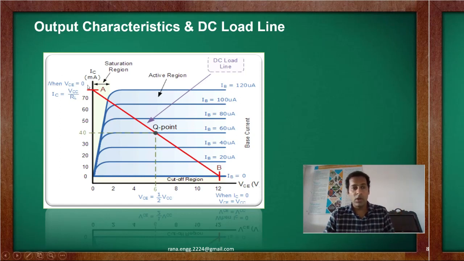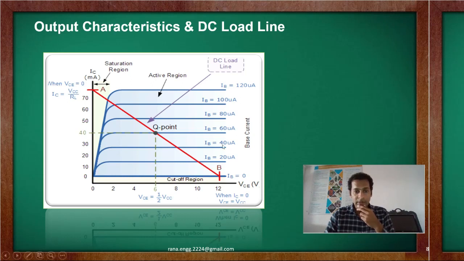If our output is IC, the output voltage is VC, so we will change the input current. Here you can see the input current values are changing. IB is 20 microampere. In the previous diagram we have seen we have an ammeter and a voltmeter. We change the value at the input and we observe the output. So IB is the controlling place where we give the current and we control the output part.